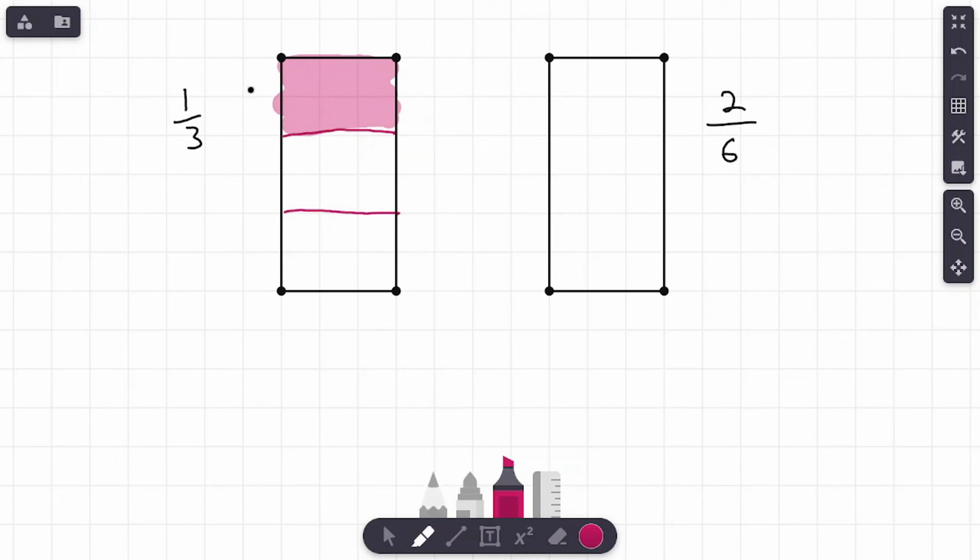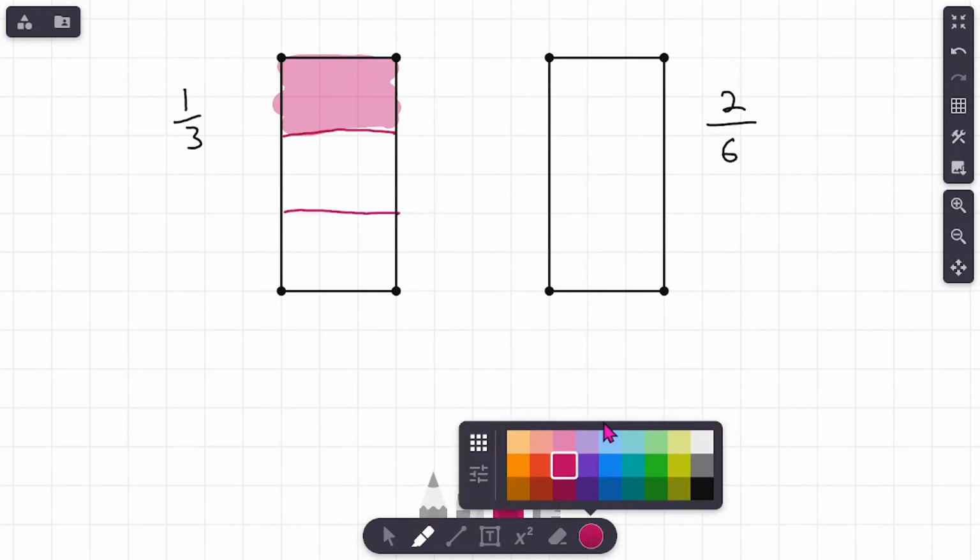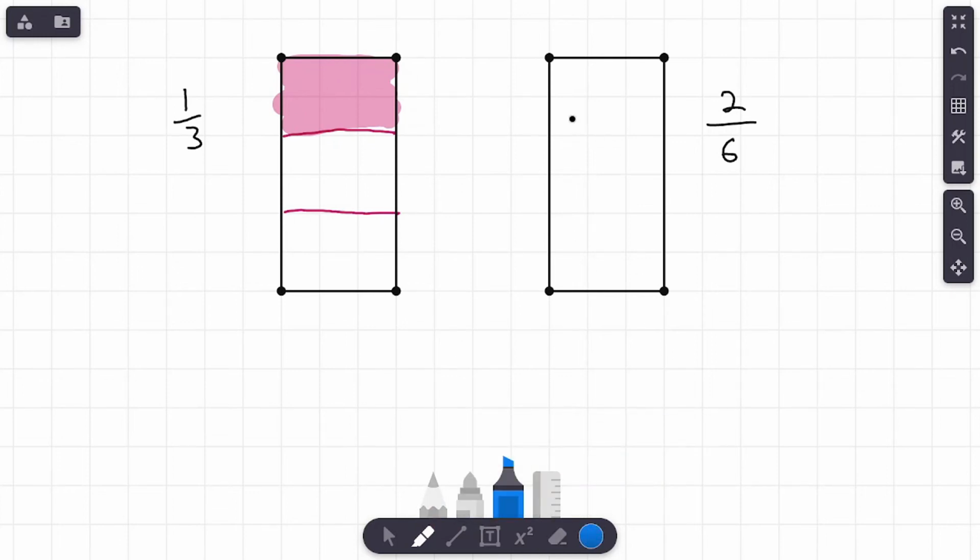All right, there is 1/3. And let's go with the blue color. Now we need 2/6. Oh, gotta change the pencil. There we go. There's 1, 2, 3, 4, 5, and 6. Let me double check. 1, 2, 3, 4, 5, 6. Boom.